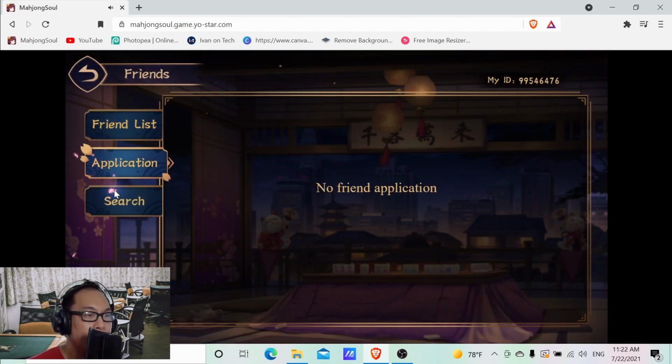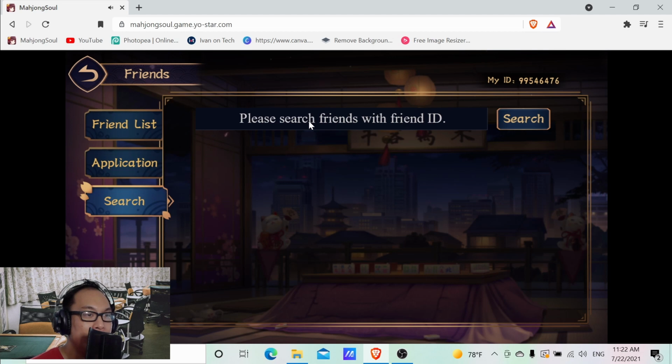To add your friends, you basically need this ID number right here. This ID number is very important. If your friends make an account, they have to give you this ID number, and then you search for it here in the search bar.